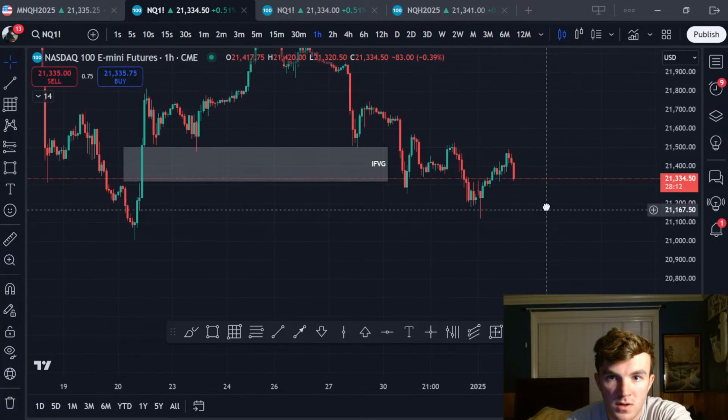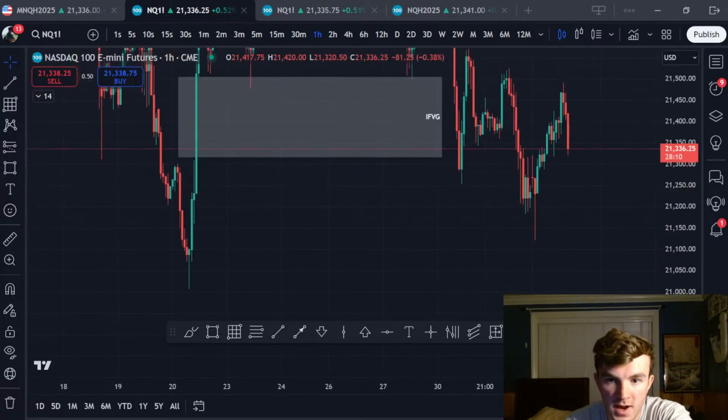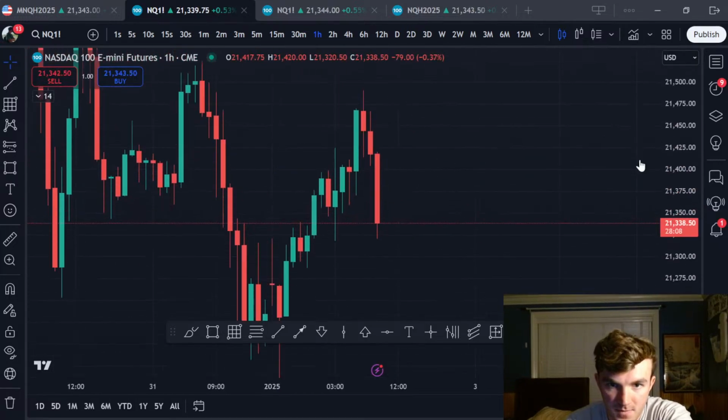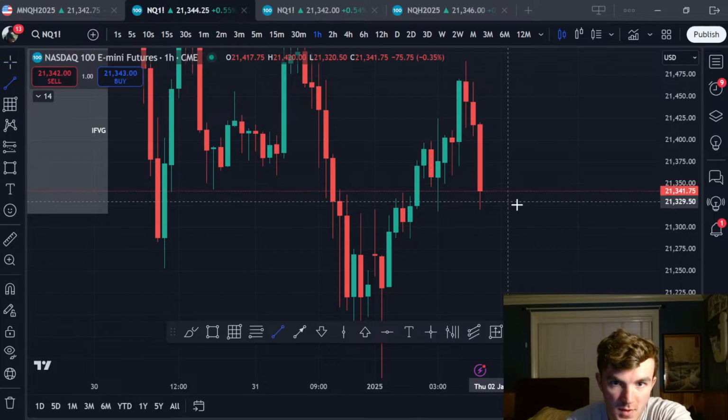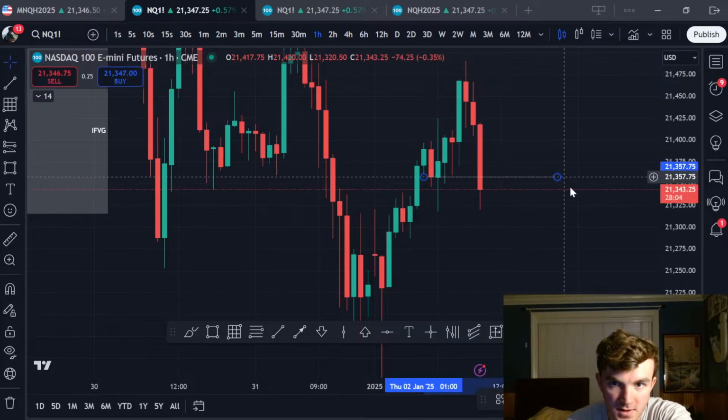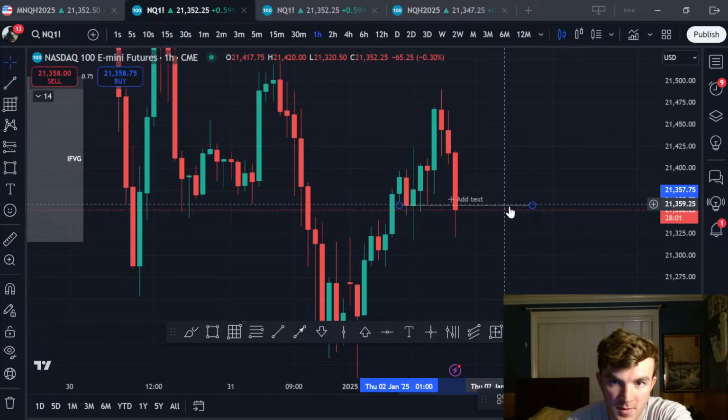So, looks like we could get a 1 hour breaker here. If we do get this, we could look for a lower time frame entry off of this 1 hour breaker, which would be nice.